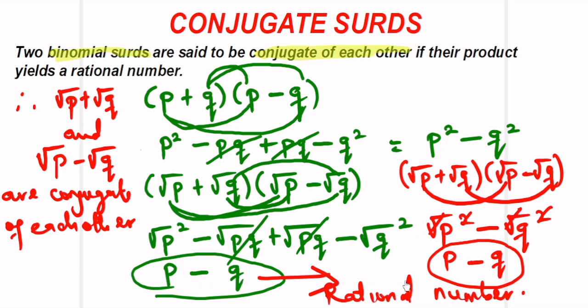A rational number can be a whole number or even a fraction, but there must be no surds, no square roots. So now, exactly what we did here, let us apply it there. And remember I said if you have surds like this, instead of expanding them one after another, you can just multiply the first letters together and then the second letters together. That way you get a rational number.